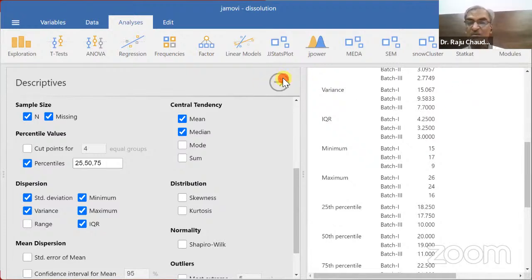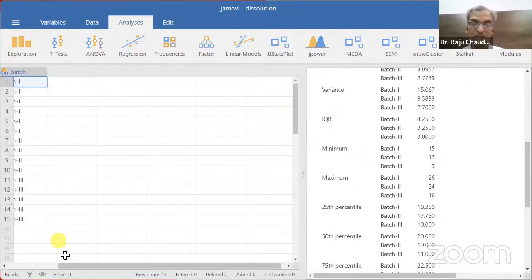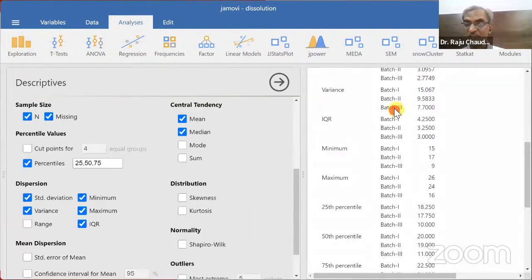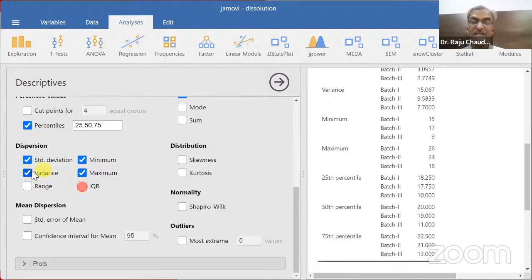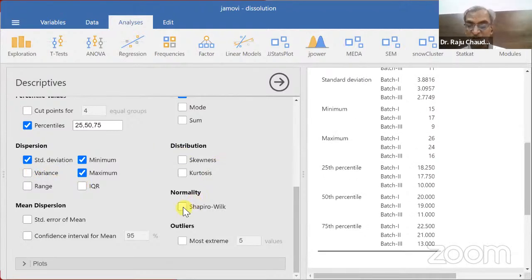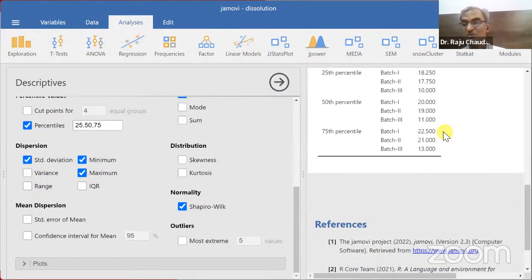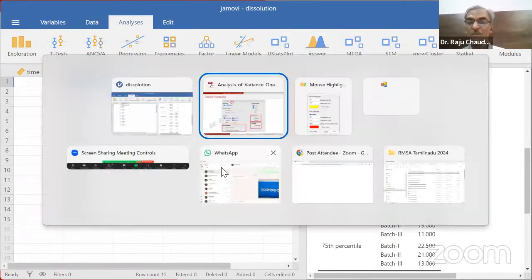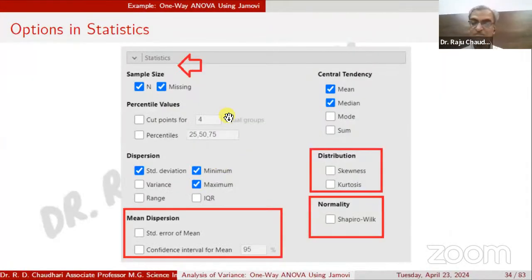Now suppose I want to change some part from this, so you can edit that, and you can choose some additional options. So look at this. These are the p values for the Shapiro-Wilk test, the p values for batch 1, batch 2, batch 3. In that sense, Jamovi is more powerful than SPSS, right?